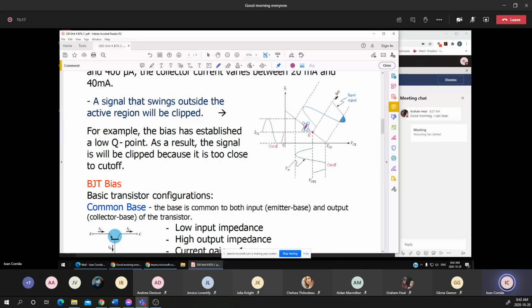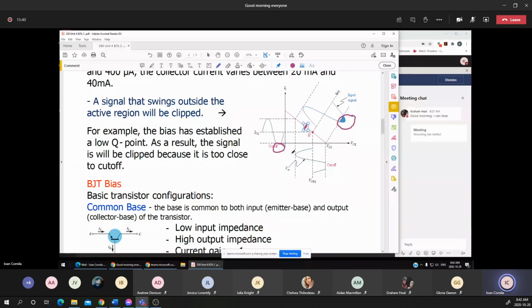You notice that in this example, if I'm applying an input voltage or an input signal that swings outside of the active region, you notice that this part or this peak of the input voltage, it will be clipped.